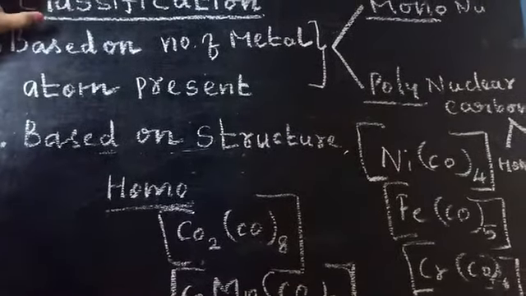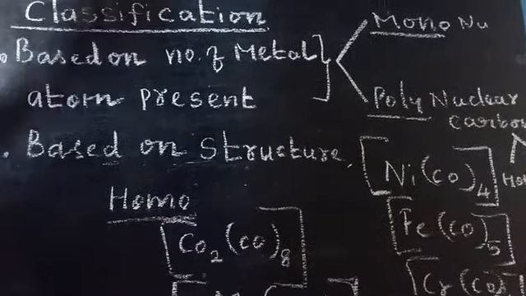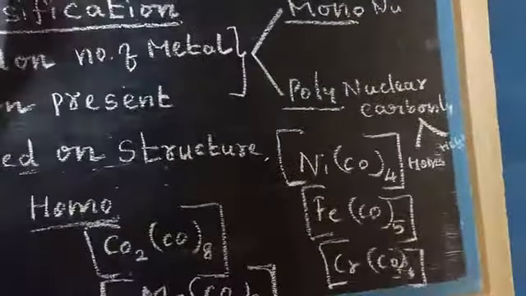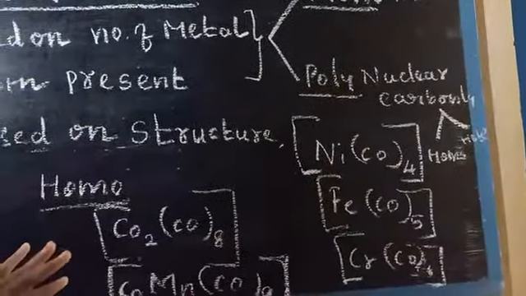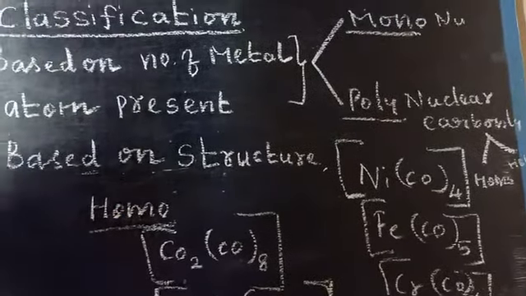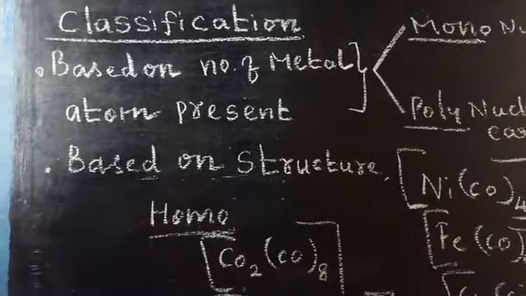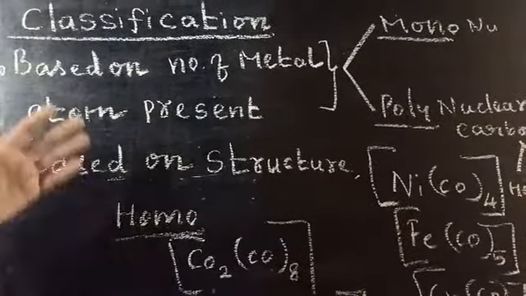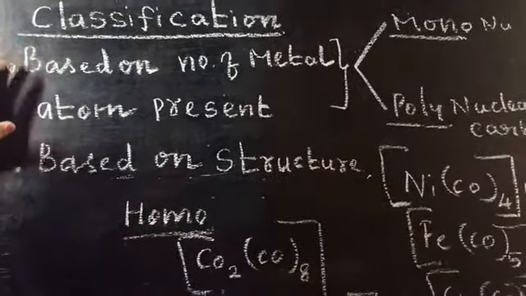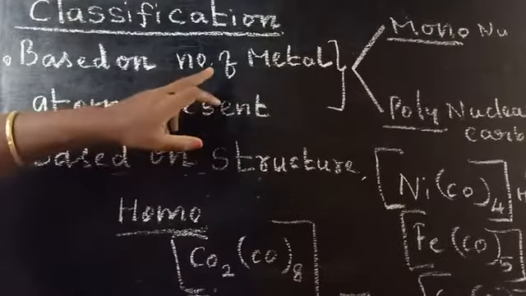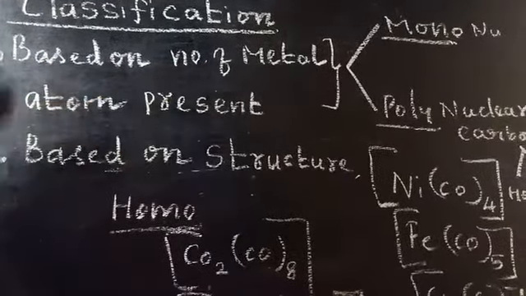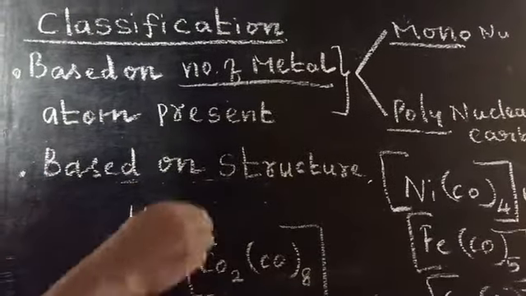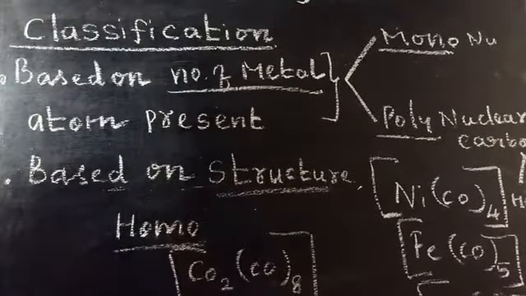So it comes under heteronuclear carbonyl. Children, now study the classification of metallic carbonyl, transition metal with CO. So we know the application also. Next bonding, stability, everything we will study. First, classification is explained based on the number of metal atoms present, and another one based on structure.